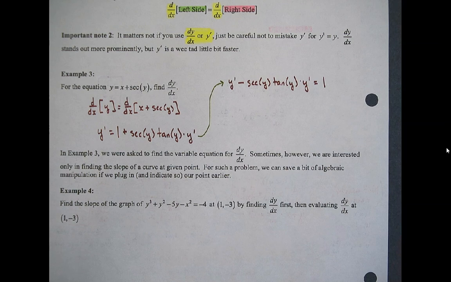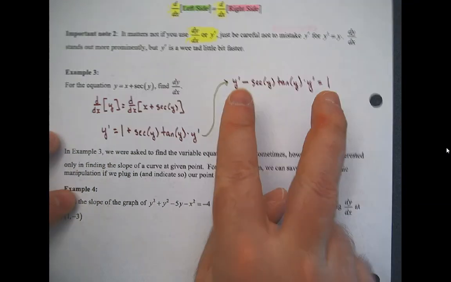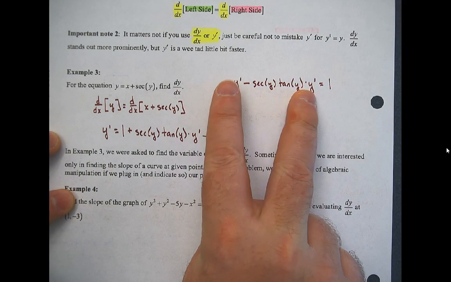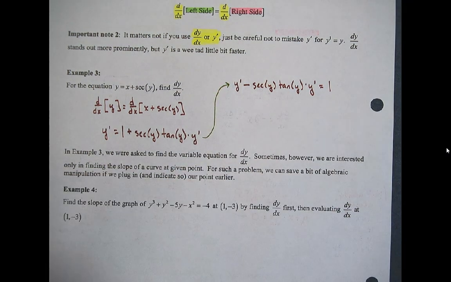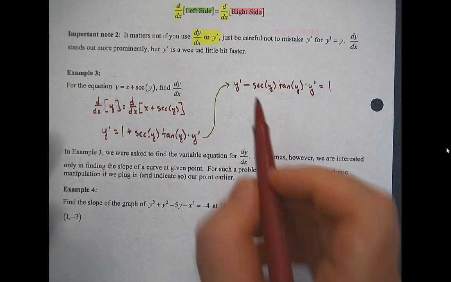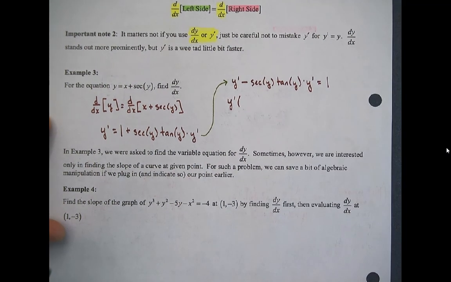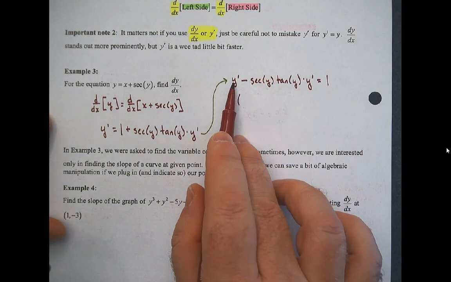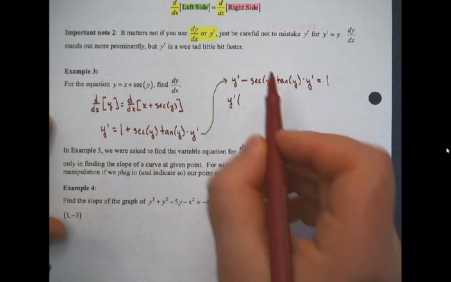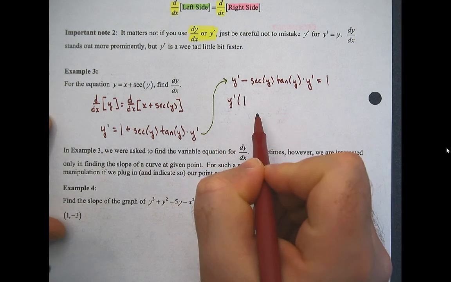Now the reason we move all the y prime stuff to the same side is because that guarantees that everything has a y prime. So this has a y prime and this chunk has a y prime, which means I can factor that y prime out front. Now when I divide y prime by y prime, be careful, it's 1, not 0.